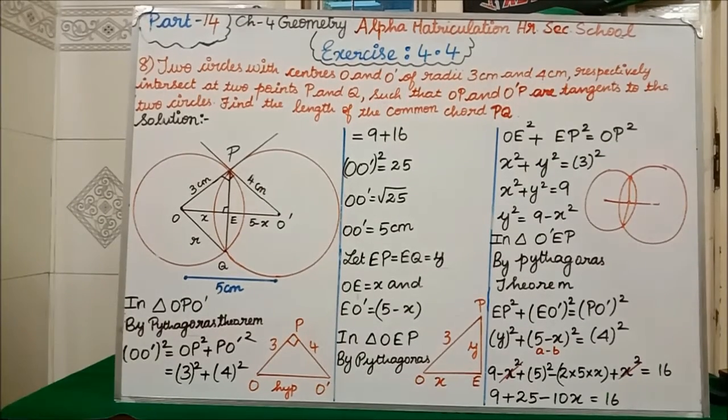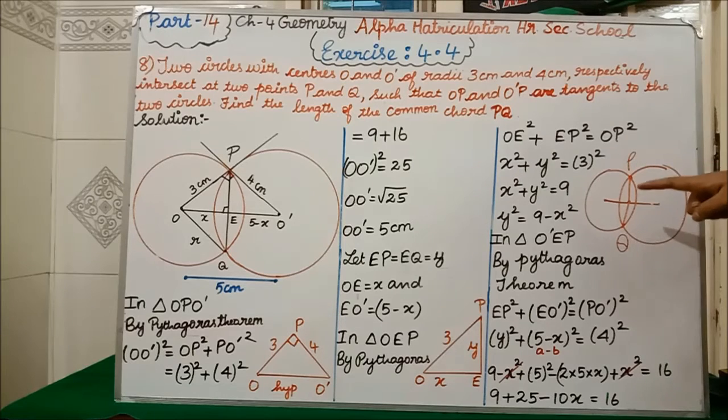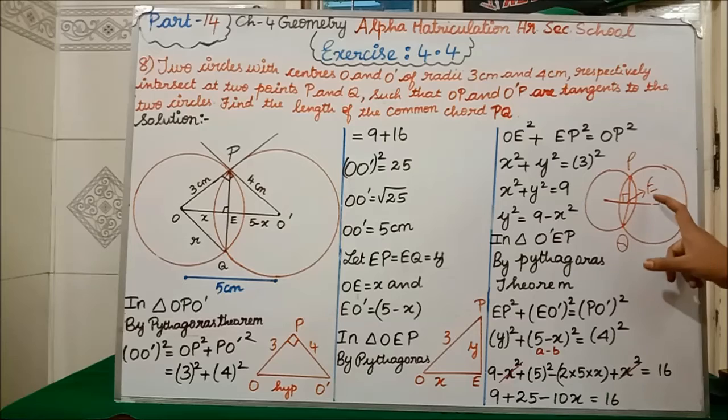I have drawn these two circles separately here. Here we have P, here we have Q. This PQ is the chord, and that length we have to find. The chord at 90 degree bisects the line into two halves, which means here we have E, with 90 degree, so PE is equal to EQ because the chord divides the line into two equal halves.